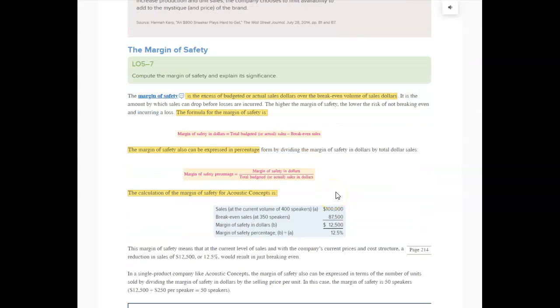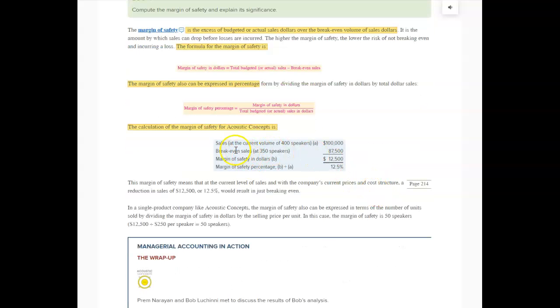Margin of safety. This is how far past the break-even point you are. So if our sales level is $100,000 and our break-even sales level is $87,500, then the margin of safety in dollars is $12,500.